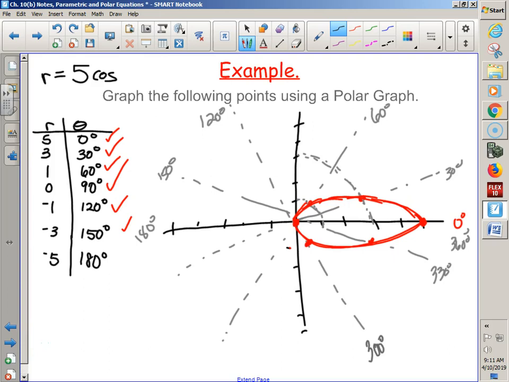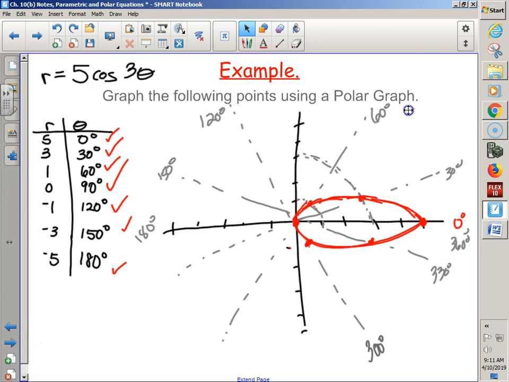Let's do five cosine of 3 theta. Supposed to be something similar.